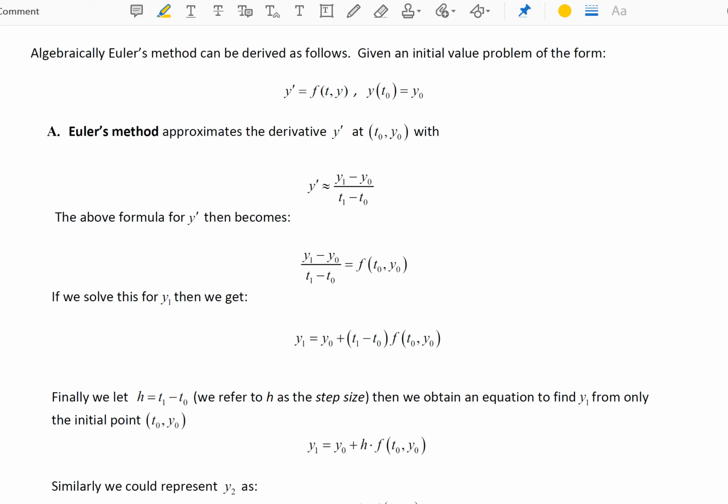Algebraically, Euler's method can be derived as follows.